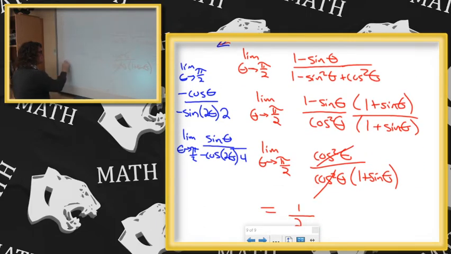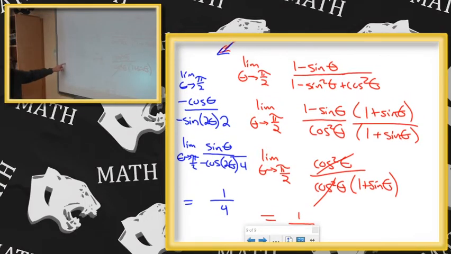So you would end up getting 1 over, well, don't need the limit anymore, 1 over negative cosine of pi, which is going to give, so it's positive 1/4.